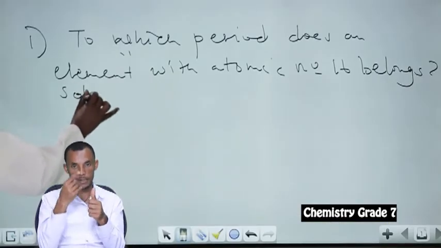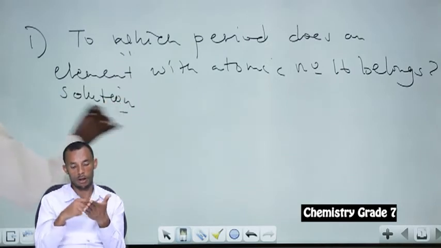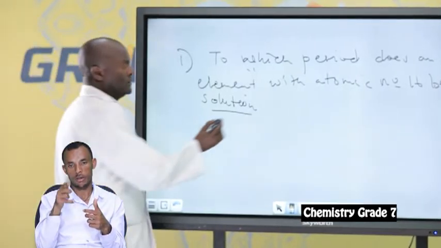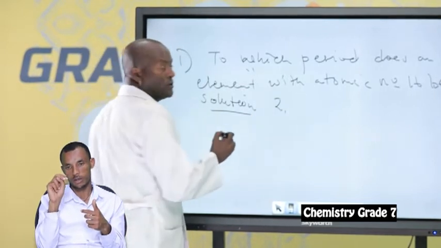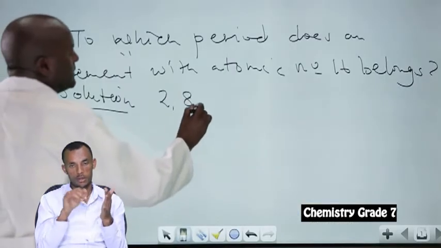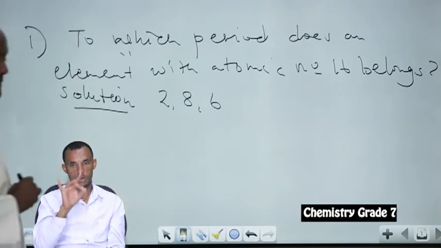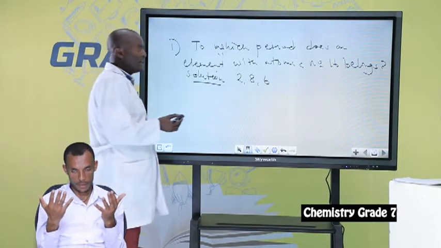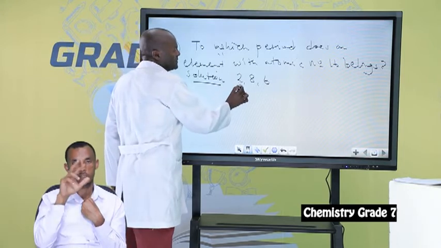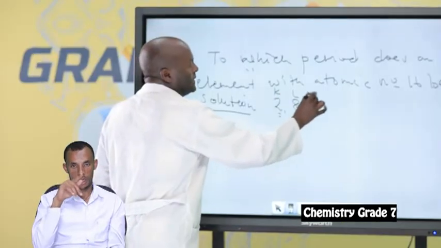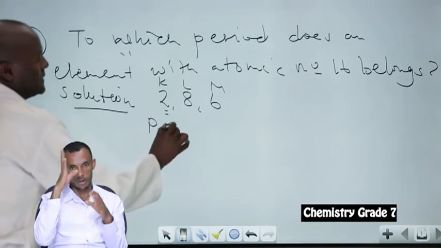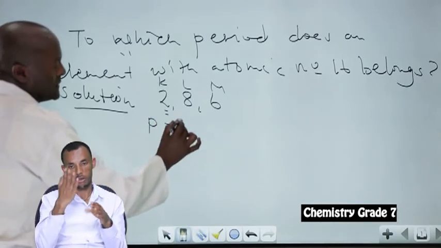First, write the electronic configuration of the element. Its electronic configuration is 2, 8, 6. So the element has 3 shells, K, L, and M. So it is found in period 3.